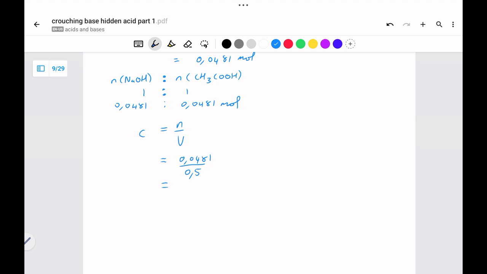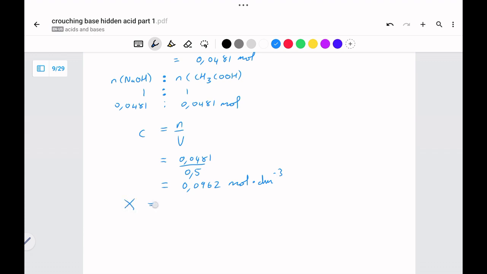So we are doubling our number because we're dividing by a half, and we get 0.0962 moles per cubic decimeter.